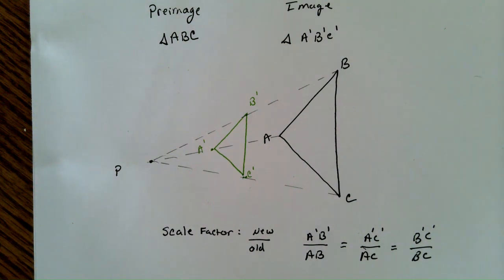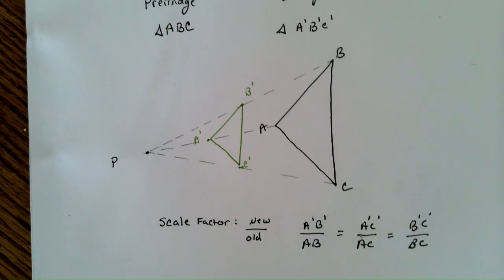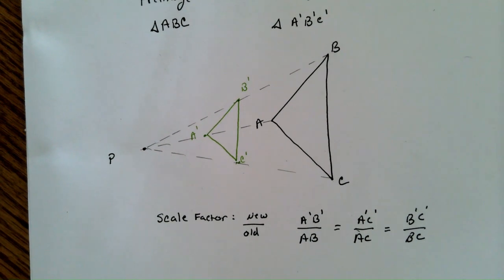If they're all three the same ratio, then you know you would have a scale factor or a dilation. And they create similar triangles. They're not congruent triangles anymore because the lengths of the legs are not the same. Okay, so in this case, because it got smaller, our scale factor is less than 1.